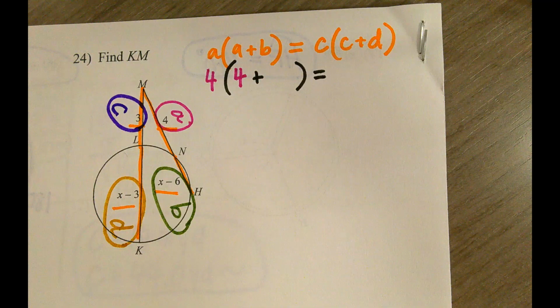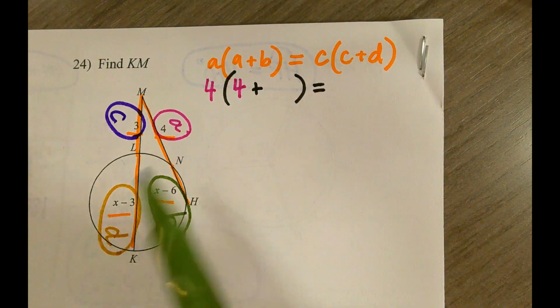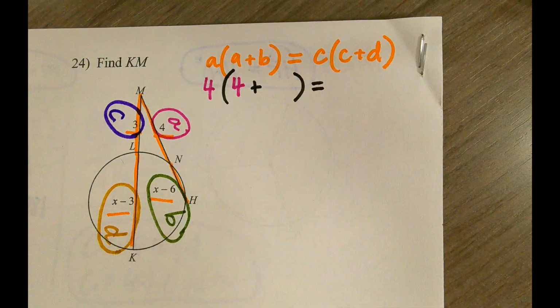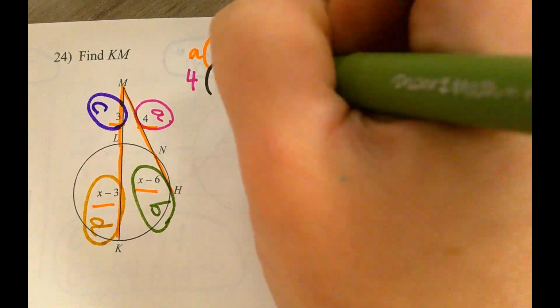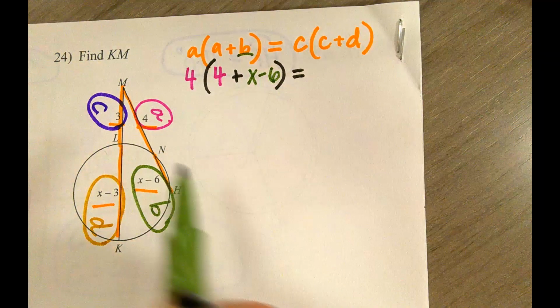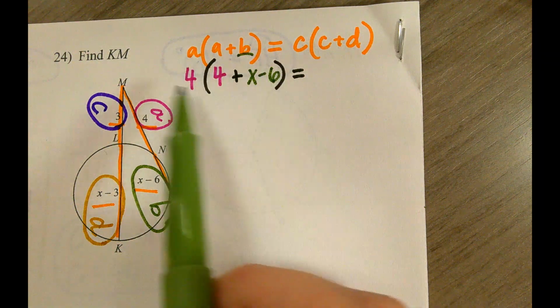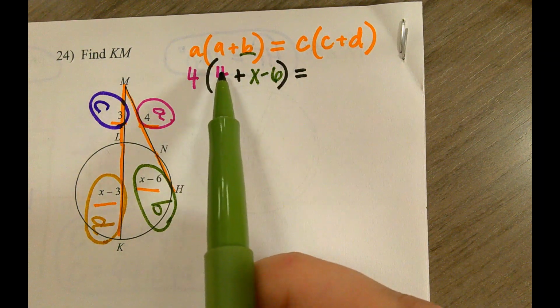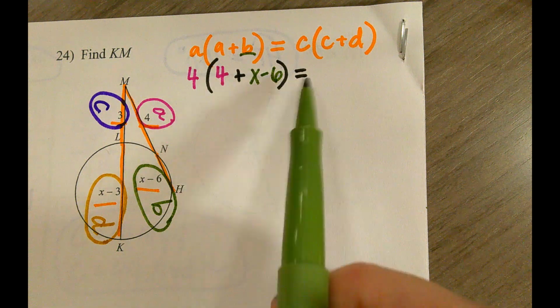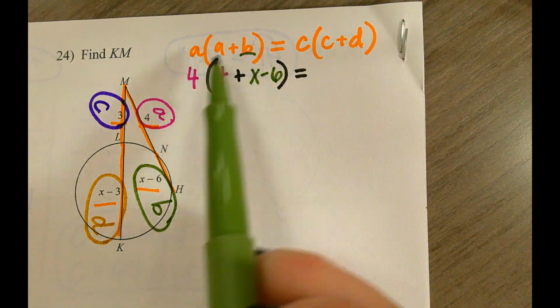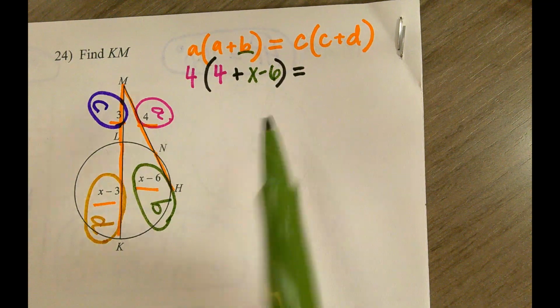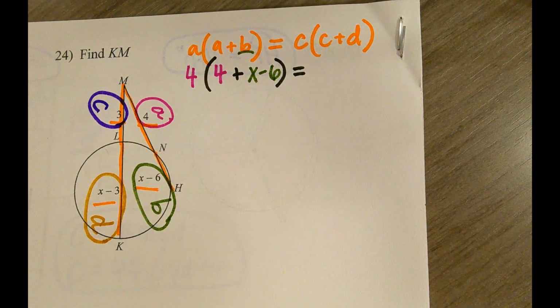Plug in B, which again is x minus 6. So instead of B, I write x minus 6. So what we have so far is 4 times 4 plus, sorry, x minus 6. 4 times the quantity of 4 plus x minus 6. That's just A and B plugged in.